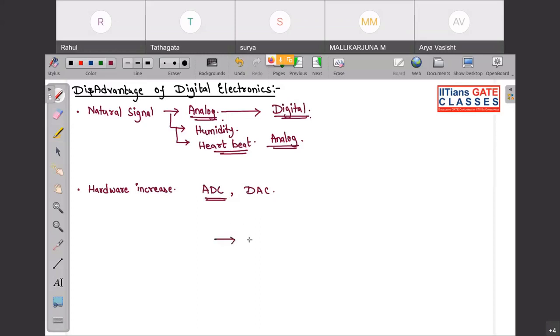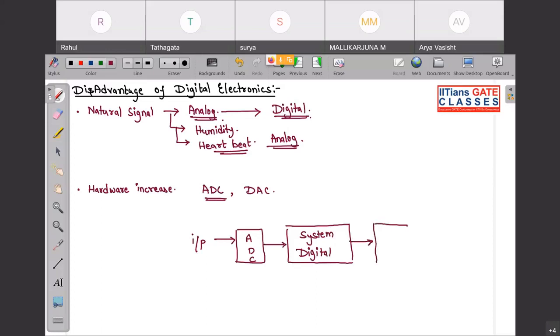If I draw a block diagram, any natural signal given as input first has to pass through an ADC, then through a digital system, and after completion of the process it will again pass through a DAC, a digital to analog converter, and then we get the output.